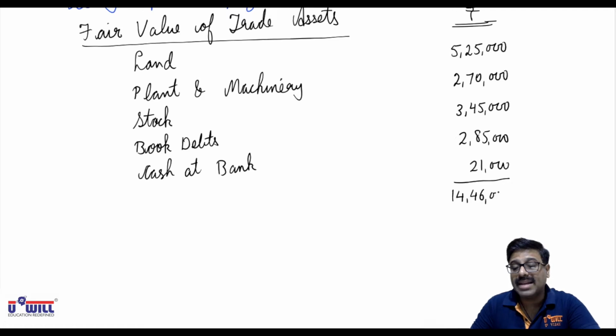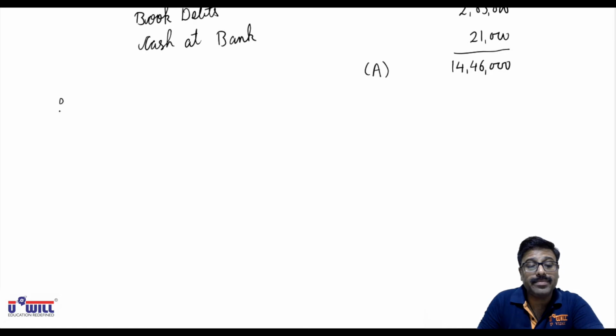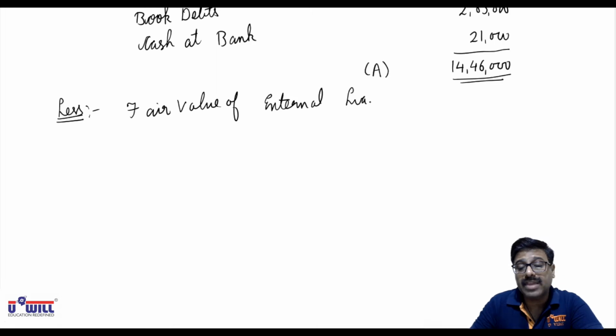What is this? 14,46,000, the fair value of all the trade assets. You can mark it as A, total A. From that we have to subtract the fair value of all external liabilities.